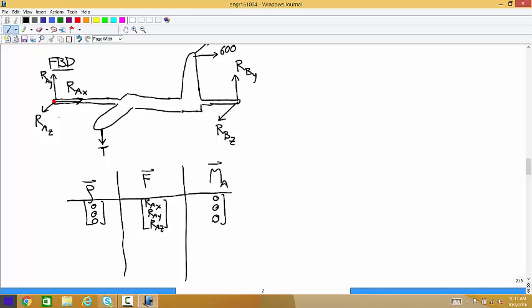That's the benefit of putting the about point where you have the most unknown forces, that moment is always 0 from those forces. Can we label what force each line is coming from? Yeah, so this is our A. Now we'll go to T.